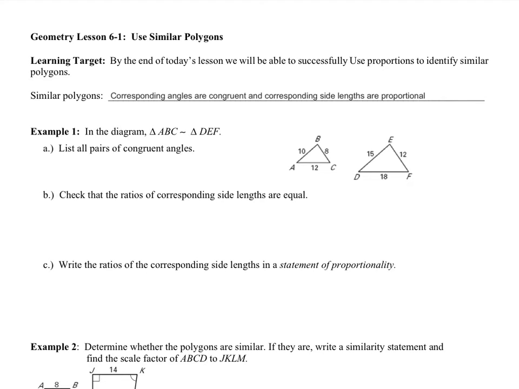Example 1. In the diagram, triangle ABC is similar to triangle DEF. Part A. List all pairs of congruent angles.